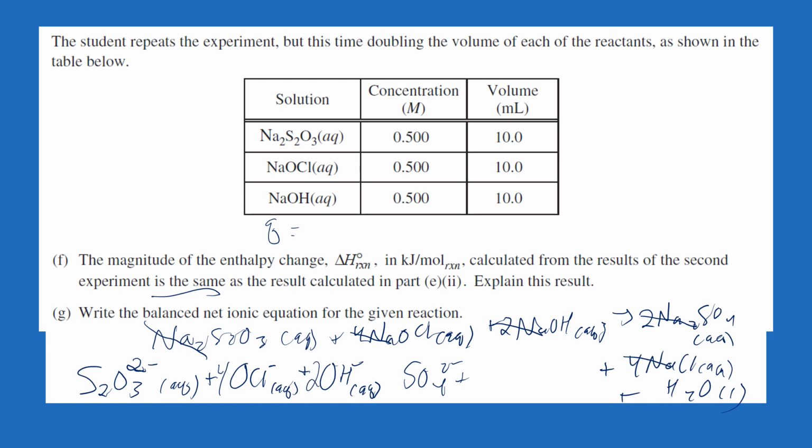And there's 2 sulfates as well. Coefficients are important. Make sure you use them. And then we have 4 chlorides and water. And then there's our states. And so that is your net ionic equation, which I didn't do the most neat version of this, but you want to make sure you include the coefficients, include the correct charges. Anything that's aqueous splits apart, anything that's the same on both sides gets canceled out as a spectator ion.